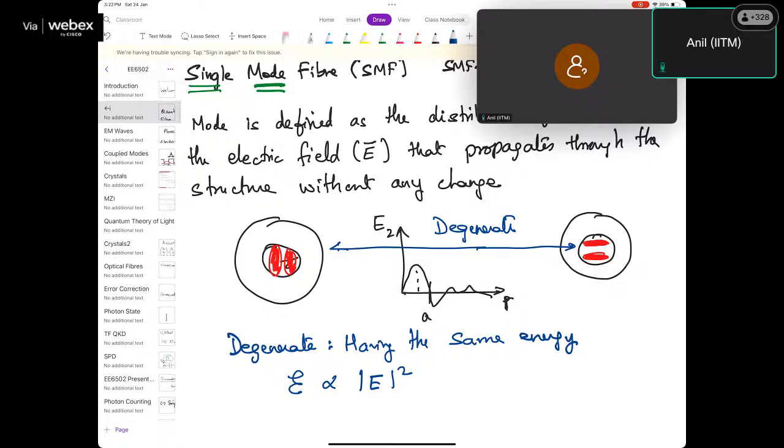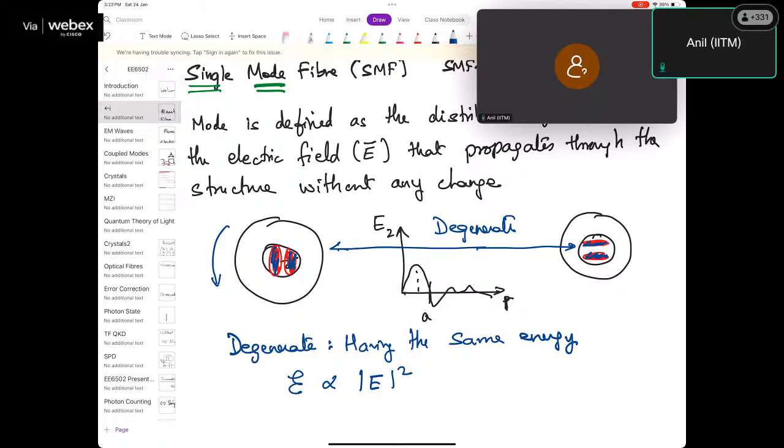So it doesn't matter whether I have these modes as vertical or I have them as horizontal. They have the same energy because I could have just rotated the optical fiber and I would see this. There's nothing very typical about this. Even in a fiber, you could have some things like this, even in free space, right?